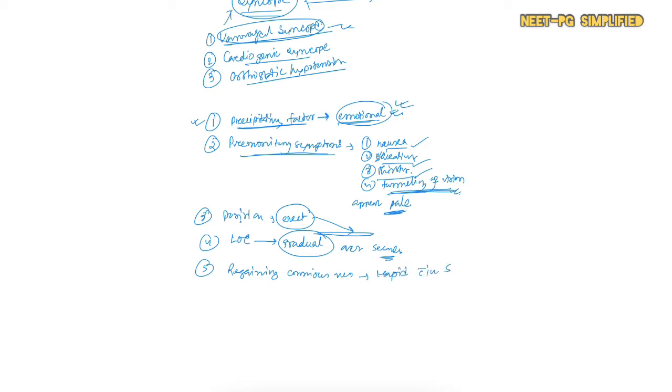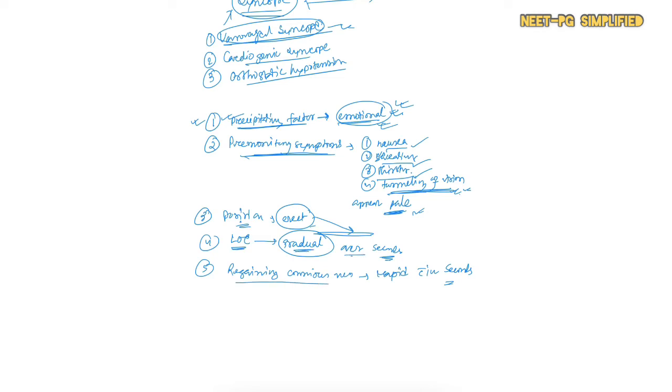So number 1, there must be a precipitating factor, most commonly an emotional one. Premonitory symptoms like nausea, sweating, feeling of thirst, tunneling of vision. He or she can appear pale. Position usually erect. Loss of consciousness is gradual over seconds, and regaining consciousness is also rapid, within seconds.